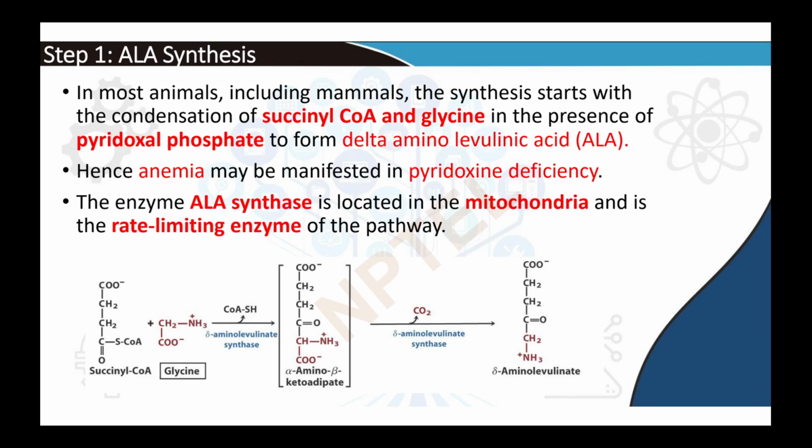So if there is a pyridoxine deficiency, there could be anemia because heme synthesis is important for the production of RBCs. Anemia may be manifested in case heme synthesis is defective. This is the first step of heme synthesis. If this is defective, obviously there's no heme that is going to be synthesized.